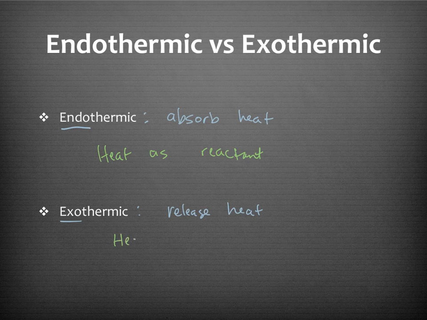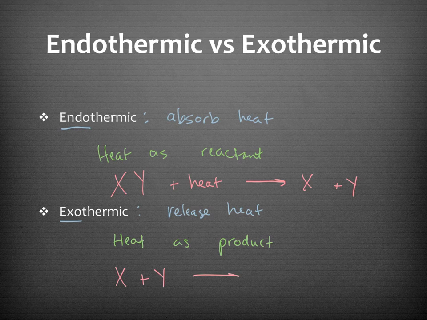Whereas in exothermic, heat as a product. So what does this look like? So let's say here, you want to break down X and Y. Whereas here, on the other hand, you're going to see heat on the right side. So releasing is on the right side, absorbing is on the left side.